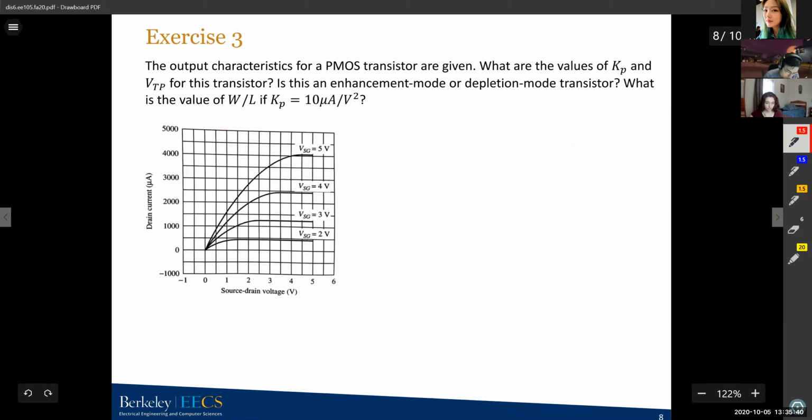The third problem, I'll give you like 10 seconds to read through this. It's PMOS. So we were solving NMOS before, but right now this is a PMOS transistor plot.